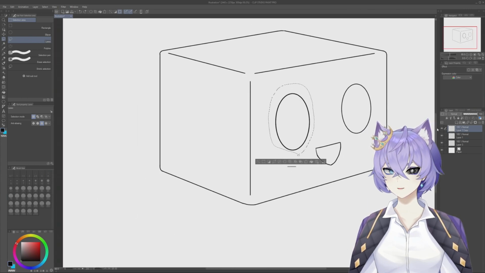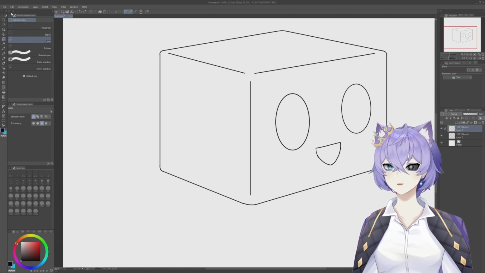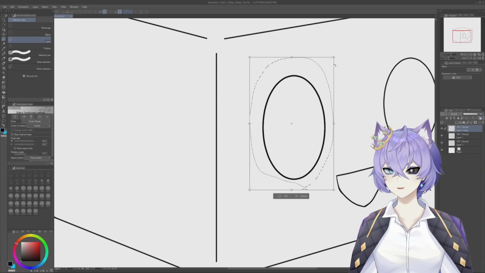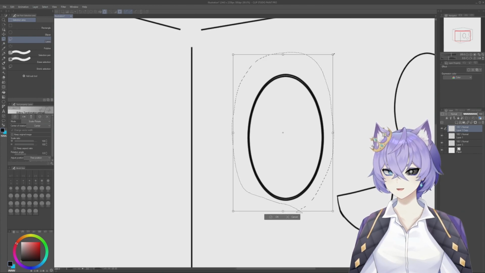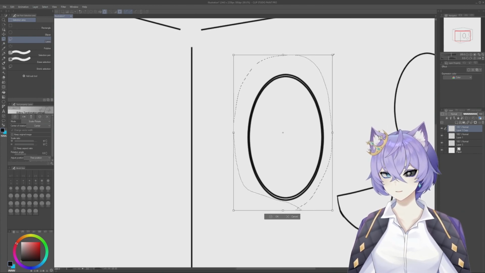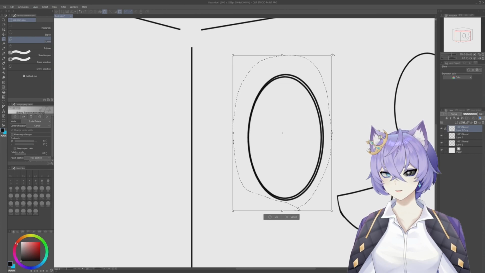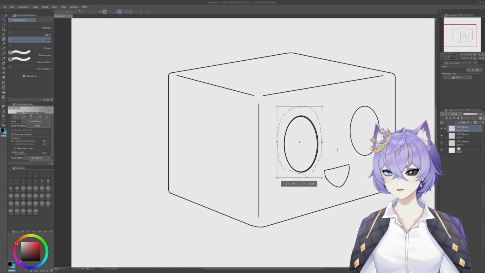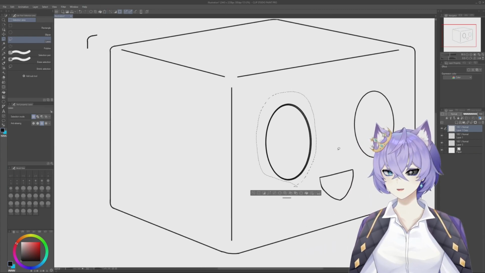What is this layer? Okay. So we circle the eyes, we make the duplication, we control escape, make it slightly smaller, then we move it over ever so slightly. Just barely enough that you can tell that it's there.